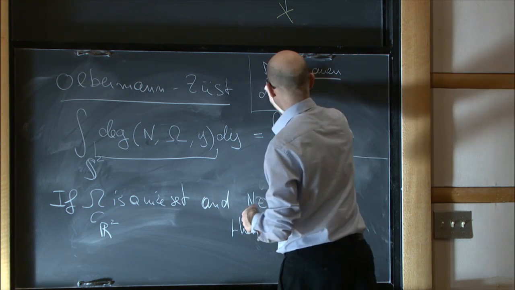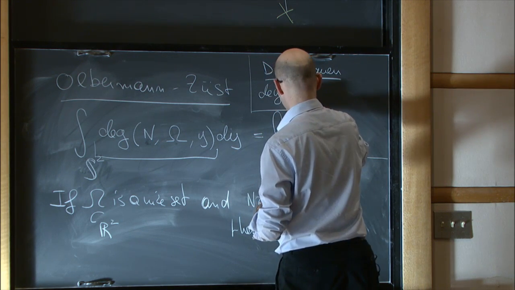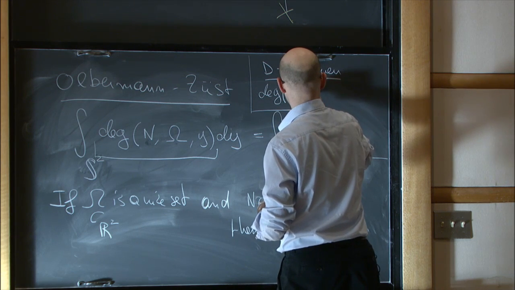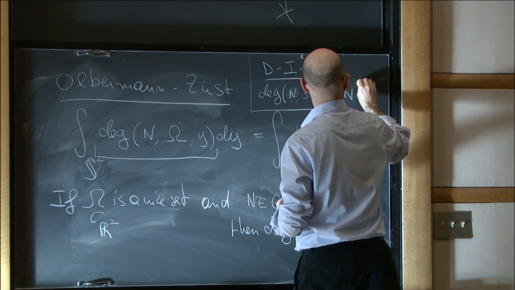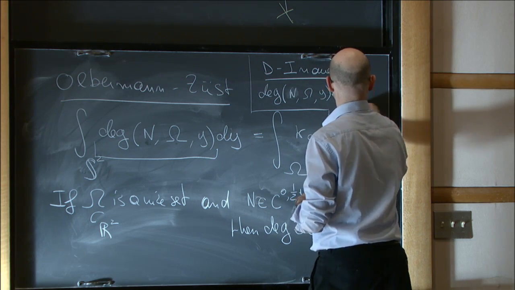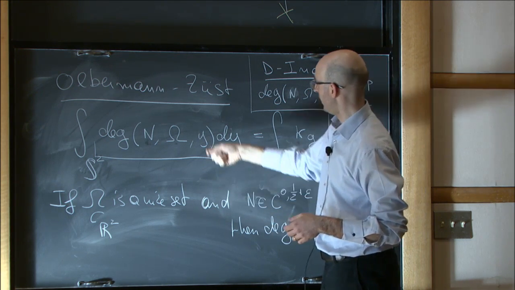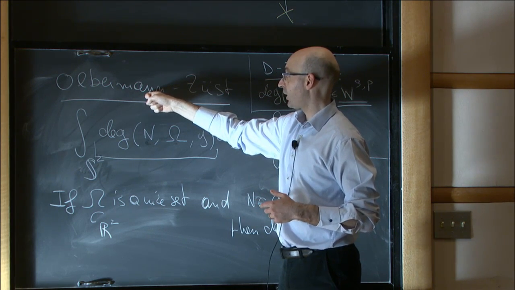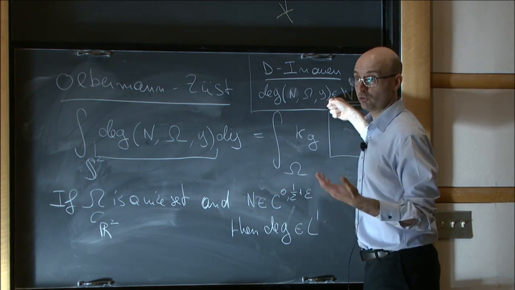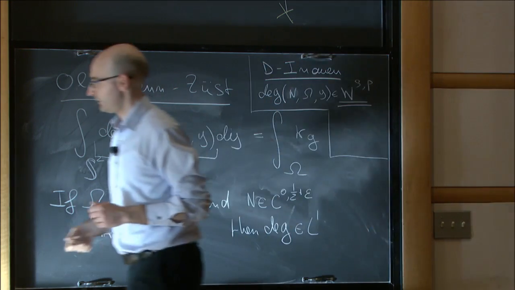So the Brouwer degree is in some fractional Sobolev space. And the theorem of Olbermann, which gives you a certain Lp estimate, is a consequence of this if you just use Sobolev embedding.